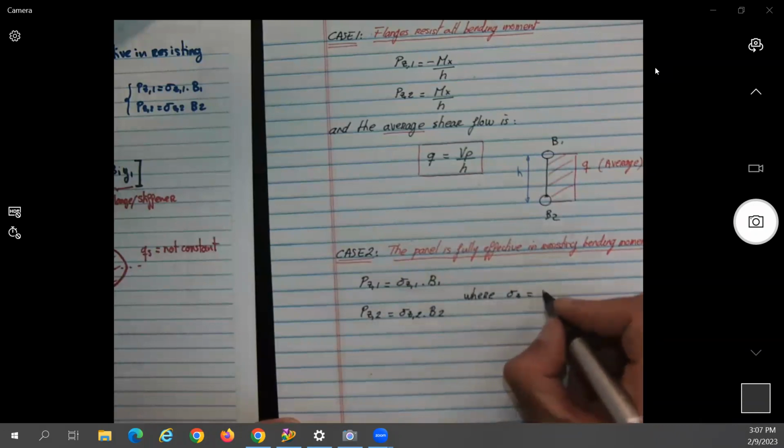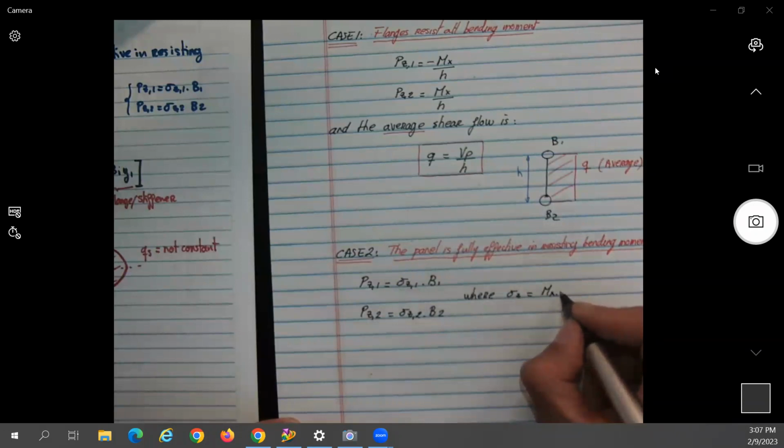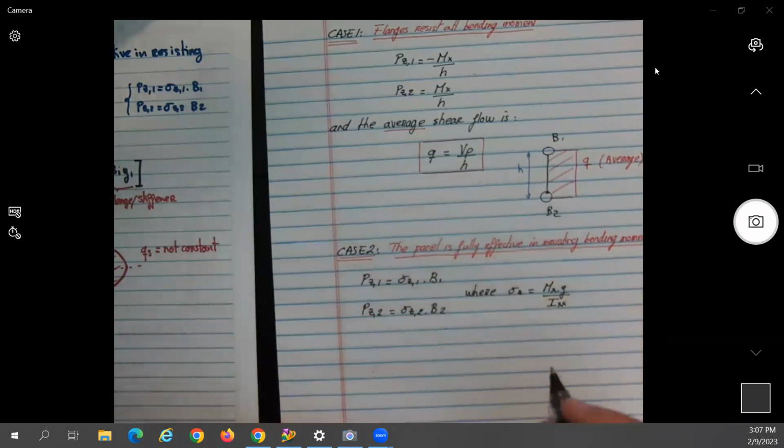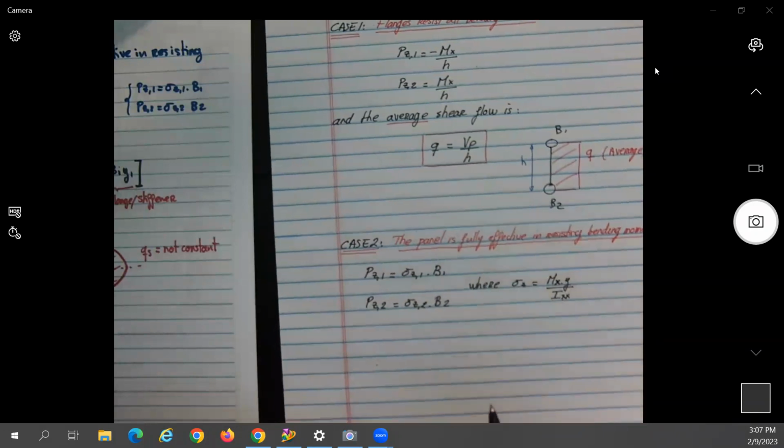Sigma Z will be given by the expression Mx y divided by Ixx. So this is the bending moment, the expression for the moment.